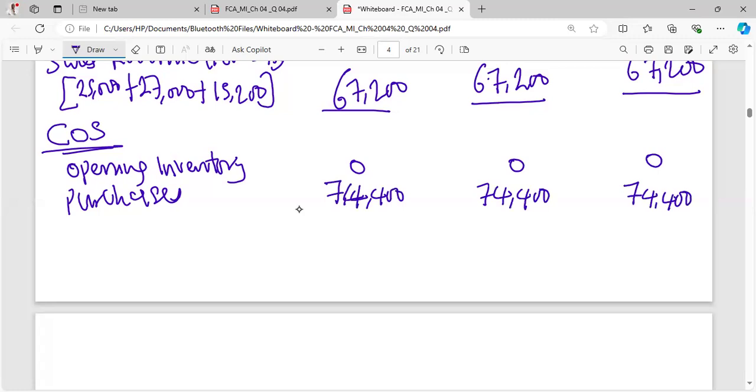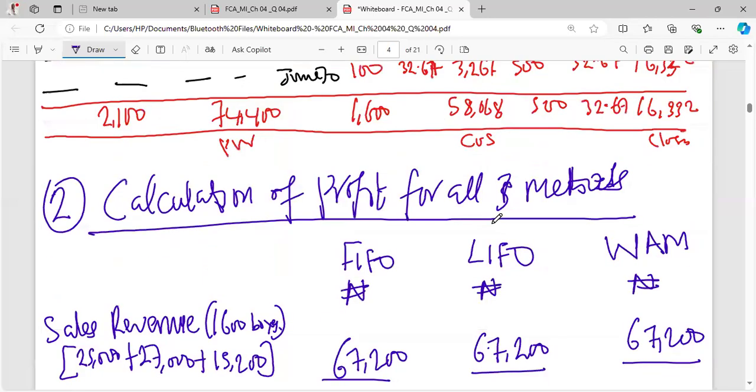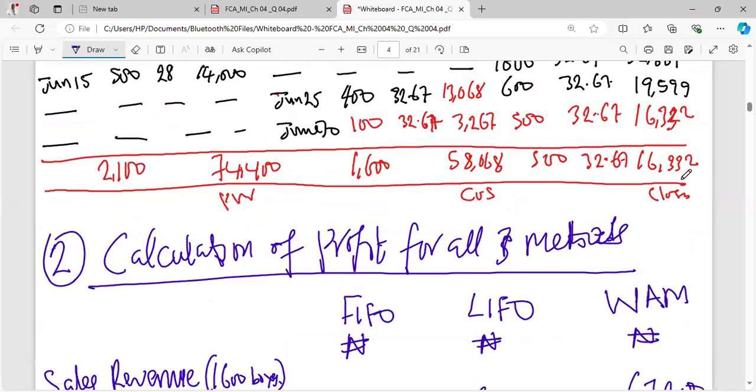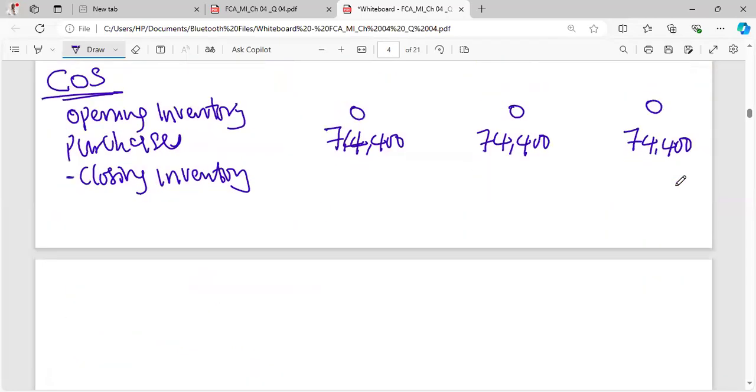Now things are getting interesting. Let's do closing inventory. So we'll now look at the method. Of course, we have 16,332 in the last one.